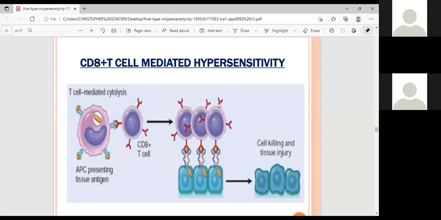Now, what's classical? CD8 plus cells. Here we have an antigen presenting cell with MHC cupping an antigen. So that should be TH1 or TH2, it should be TH1. You activate the CD8 plus cells, you get destruction of tissue bearing the respective antigen.